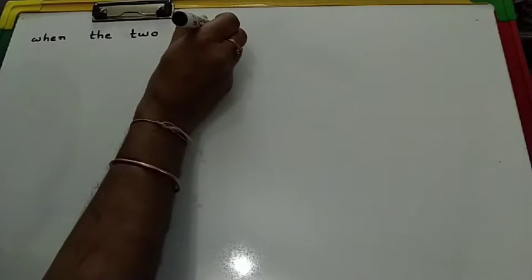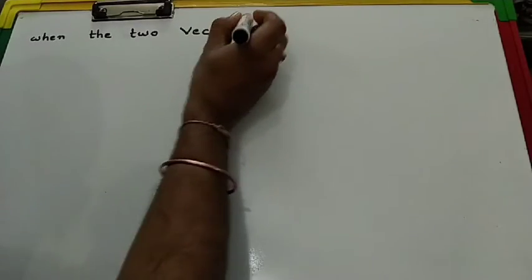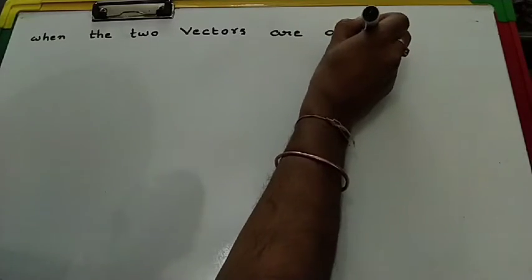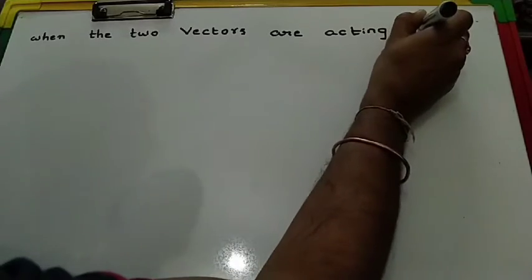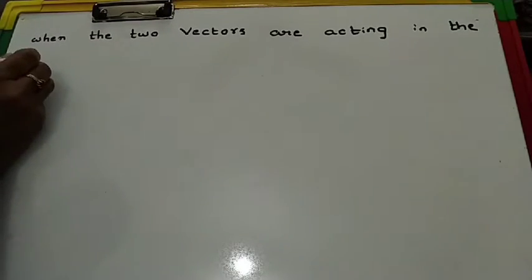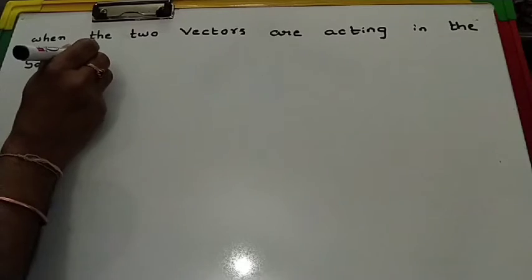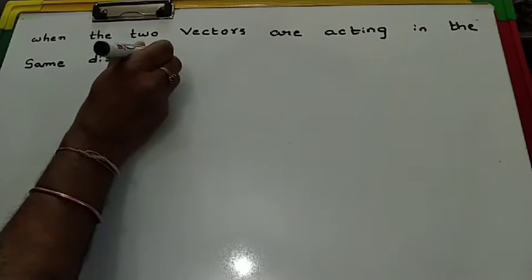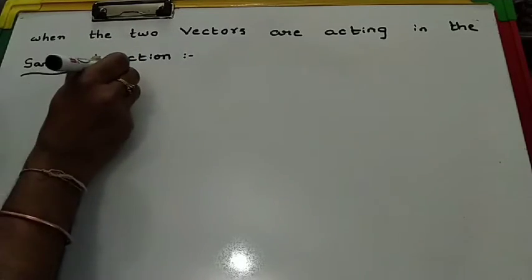In this video, we are going to discuss some important points. That is, when two vectors are acting in the same direction, what will happen?